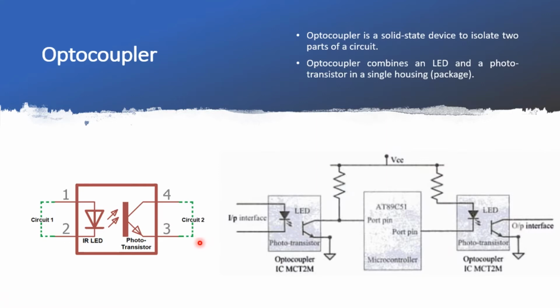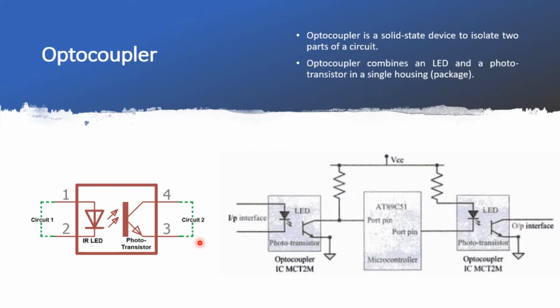So to summarize, we were discussing the main components of an embedded system, and in this video we have discussed 3 components: sensors, actuators and optocouplers. We restrict the discussion only to these 3 components in this video just because these 3 always come together.